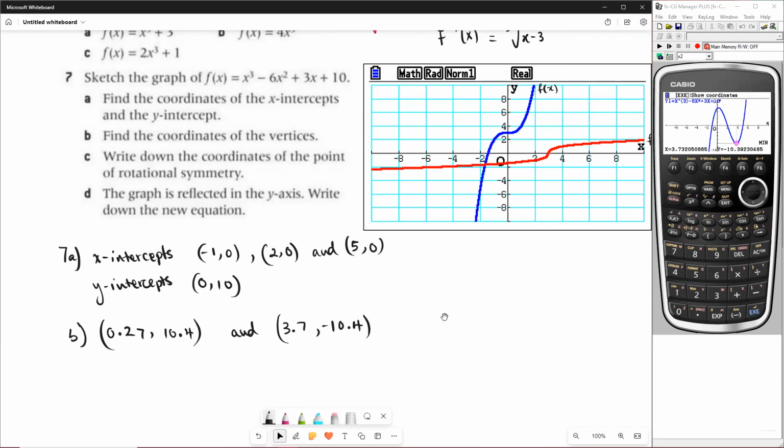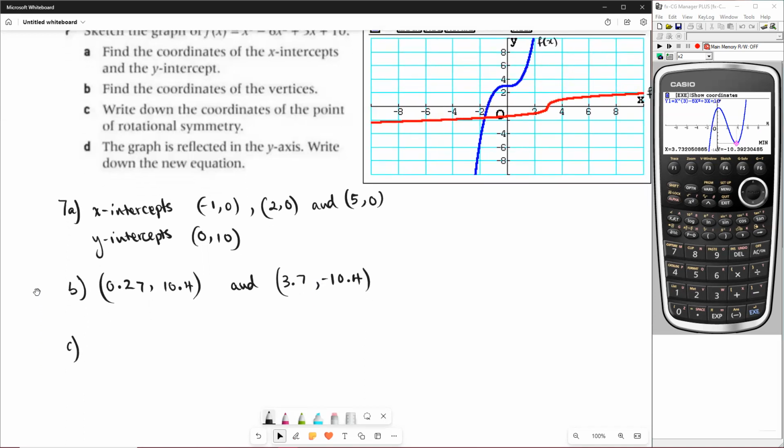It says write down the coordinates of the point of rotational symmetry. Rotational symmetry happens if your maximum and minimum have the same coordinates. So it's going to be the midpoint of them, the midpoint of your maximum and minimum.